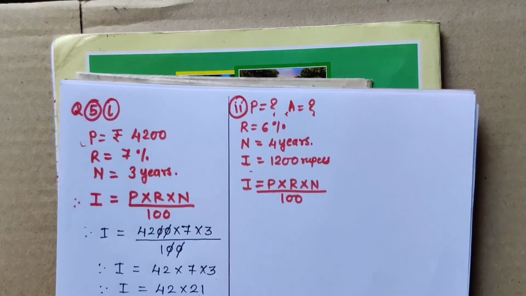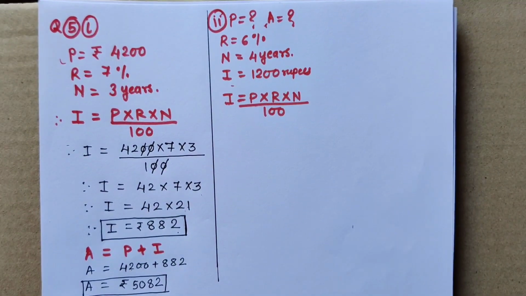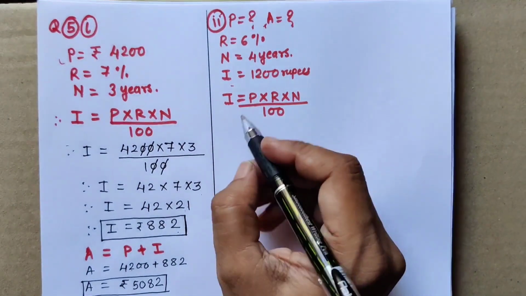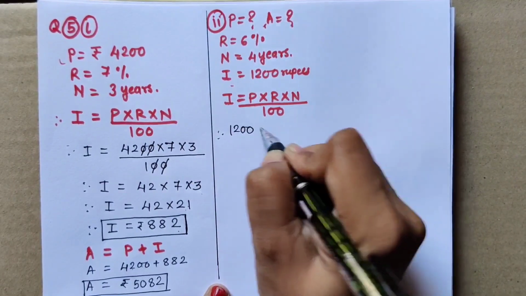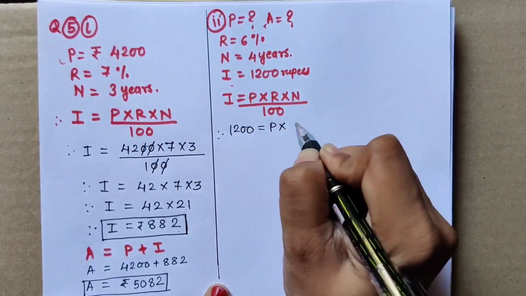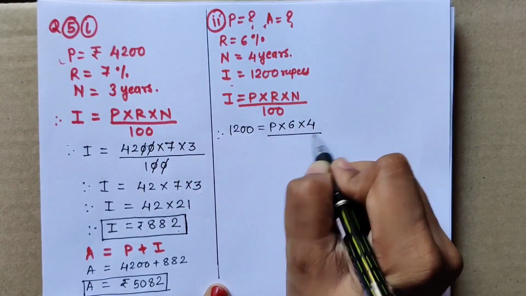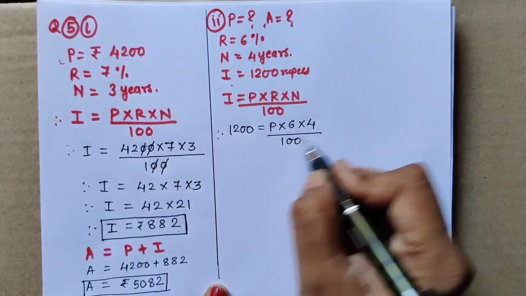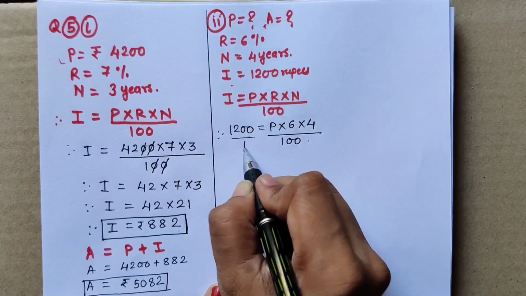So the formula is written. We have to substitute the values now. I is equal to 1200. P we have to find out. R is 6. Number of years are 4 upon 100. I will do cross multiplication. 1200 only is there, that means it is upon 1.